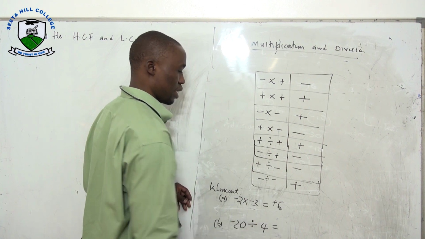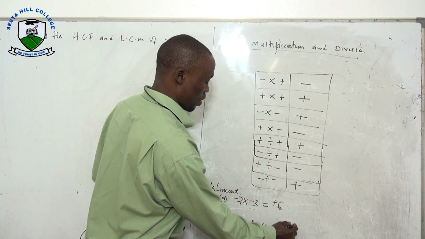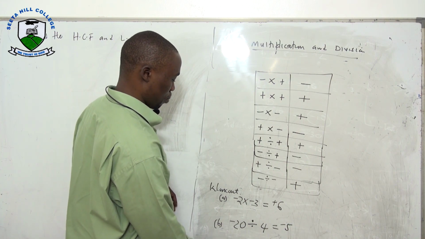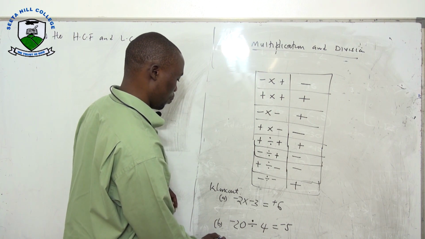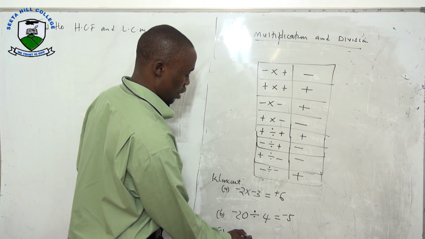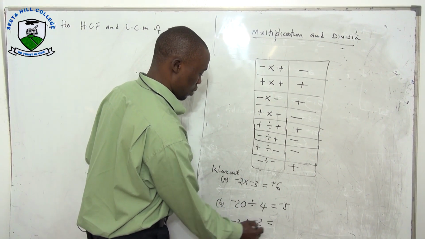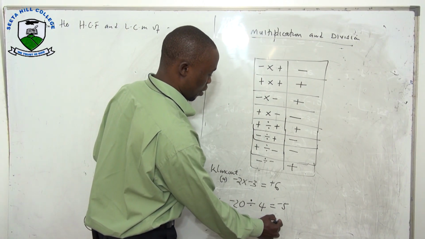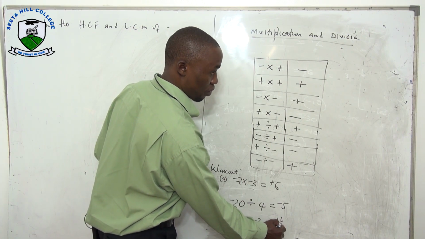We get -5. That's very good, because a negative divided by a positive is negative. Okay. Then -3 divided by -2, you get? Positive 1 whole number, 1 out of 2.